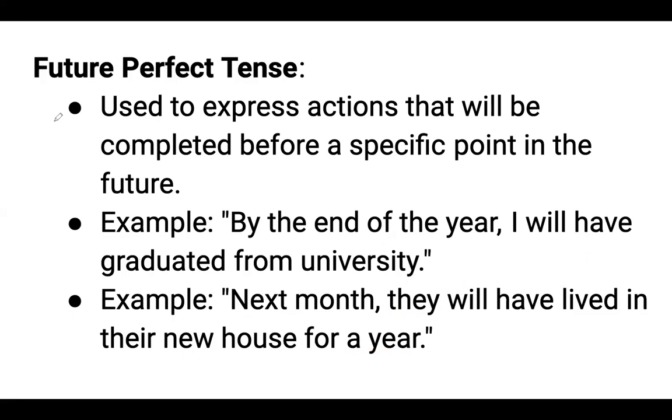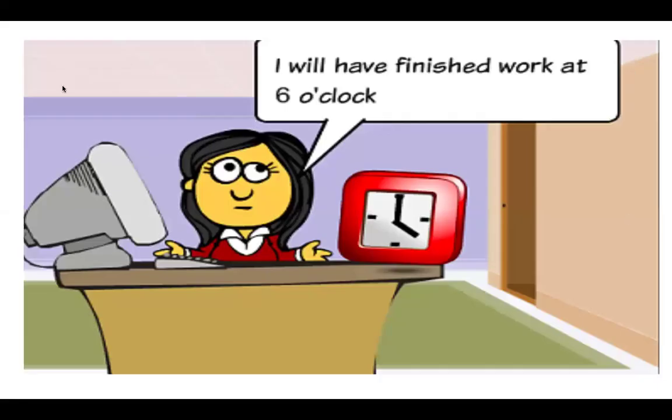Okay, coming to the next one. You can see an example where it is clearly stated, I will have finished work at 6 o'clock. It means my work has not yet finished.